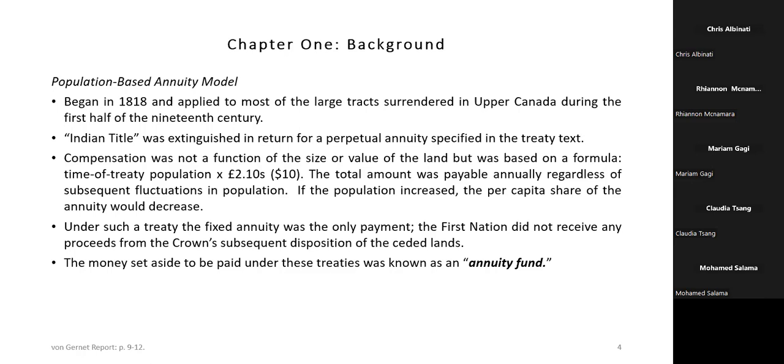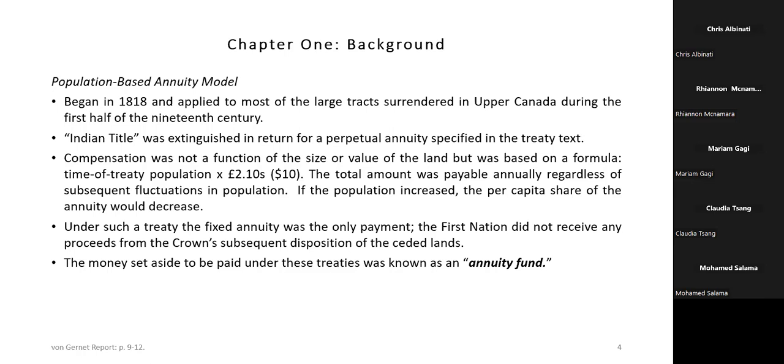So the treaty compensation was expressed in one of two ways. Either, yeah, in several ways. Either the product of time of treaty population times 2.10, or 2.10 times the population. Sometimes it would just be the total compensation, and they would provide a population figure separately, and then you would have to do the math. Okay. And when you do the math, it turns out to be $10.